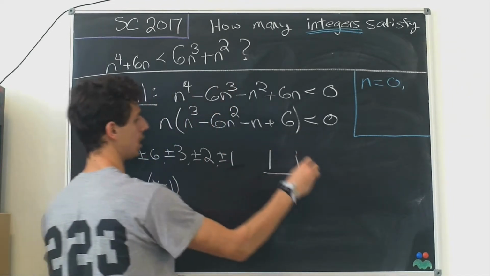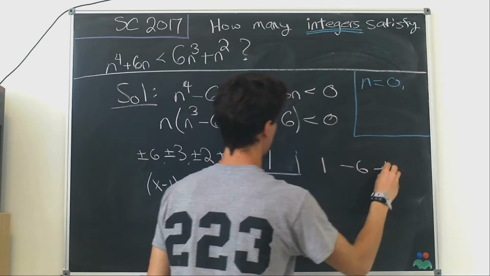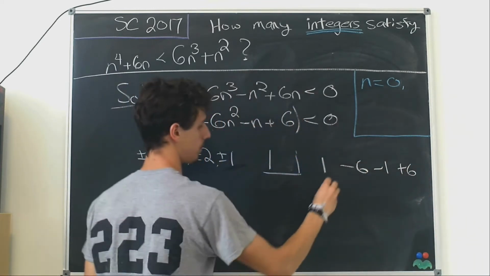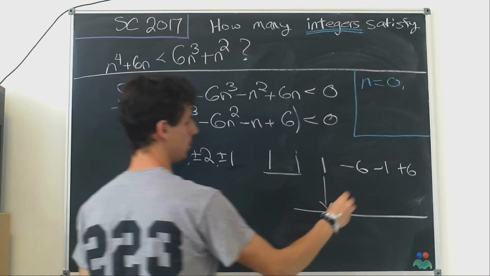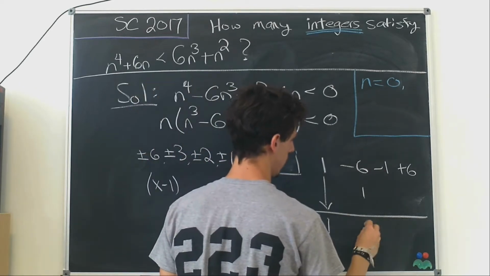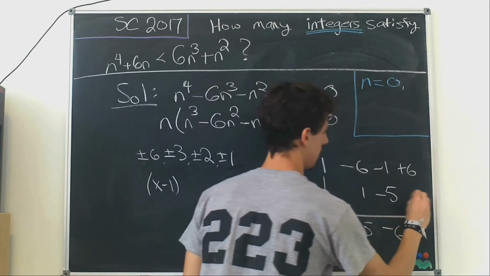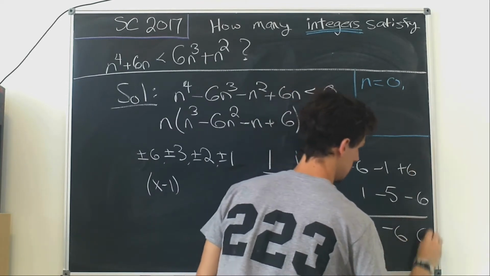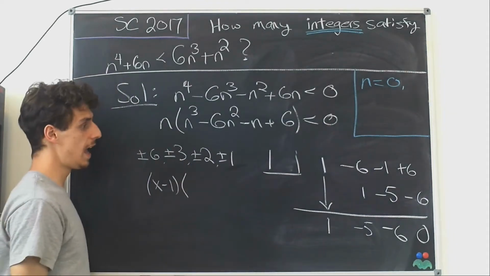And then we'll have our coefficients for this cubic listed like this. And then we bring our first term down. And then we multiply and add. So we'll have negative 6 plus 1, that's negative 5. Negative 1 minus 5, that's negative 6. And then negative 6 plus 6 is 0. So our term x minus 1 is indeed a root.